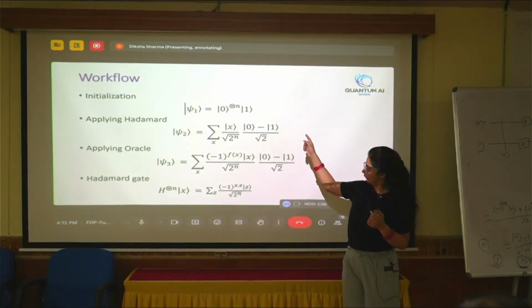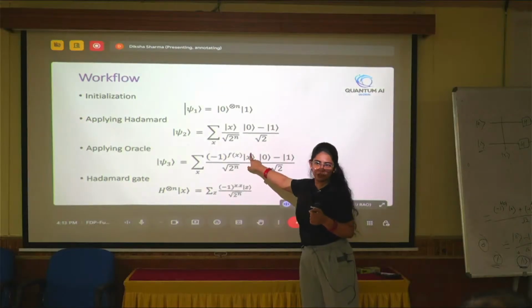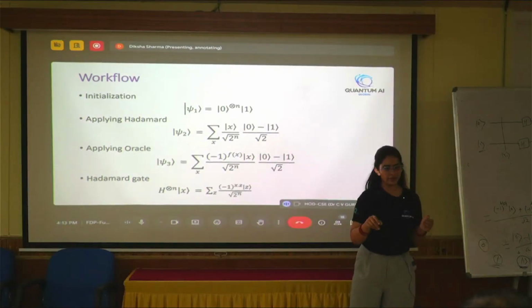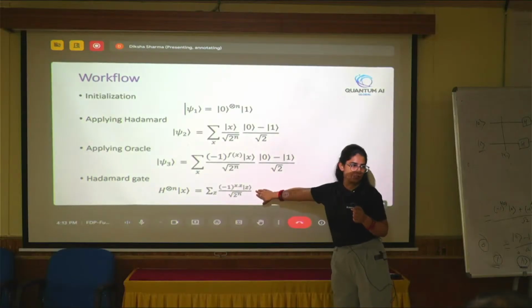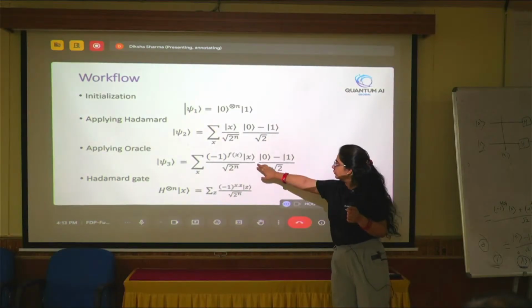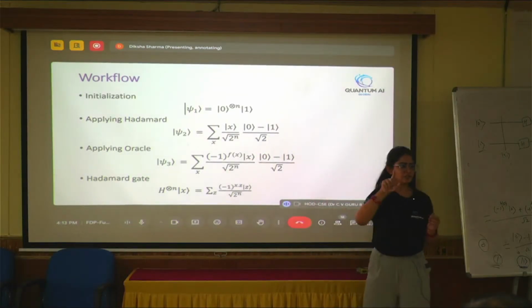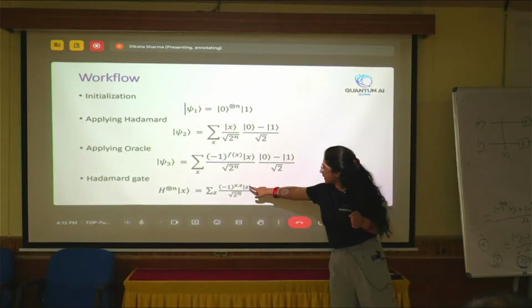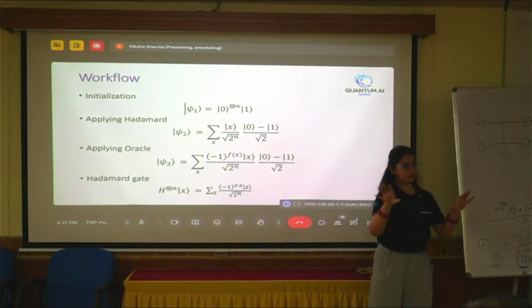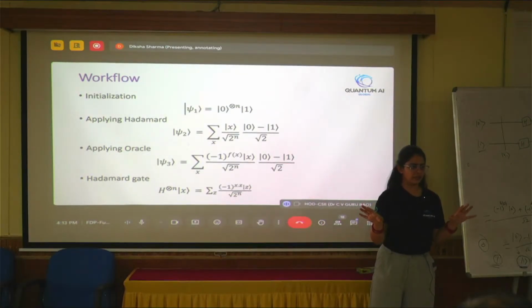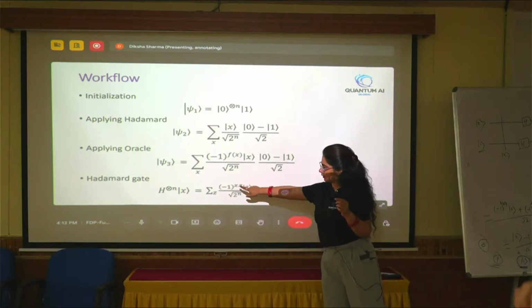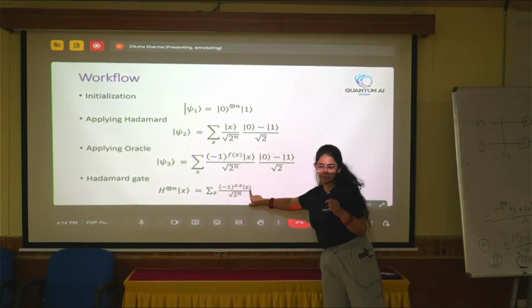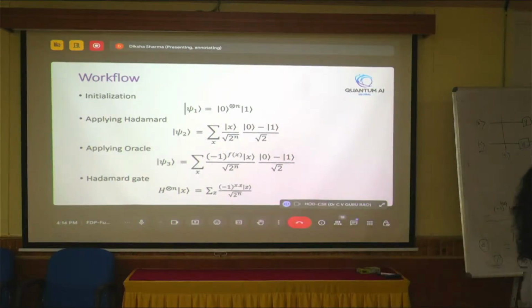Now again, for this particular qubit, we have to apply the Hadamard gate. If we are again applying the Hadamard gate, the same thing is coming in here. So this is y XOR f of x. So this is x dot z, which can also be written in that particular form. Okay. So we are applying the Hadamard gate on x, and this is what we come to here.